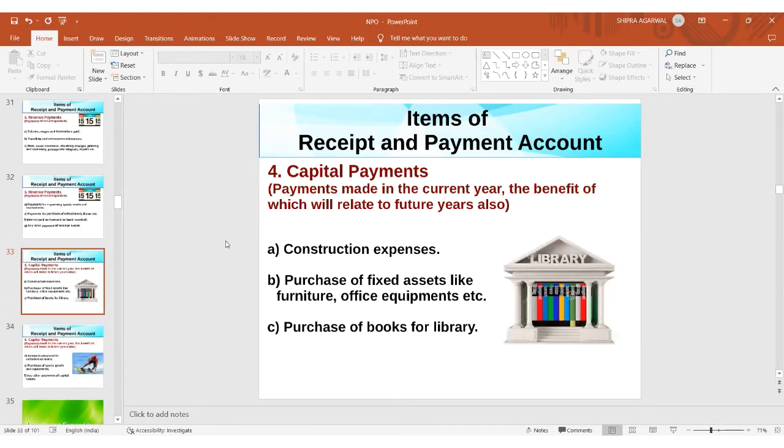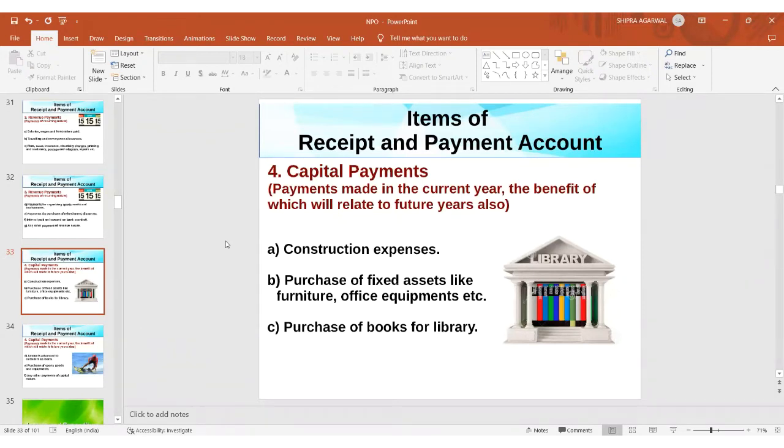Then if I talk about the capital payments, as I told you, these are the payments that you have made in the current year, but the benefit of which will relate to future years also. And these are not recurring nature transactions.